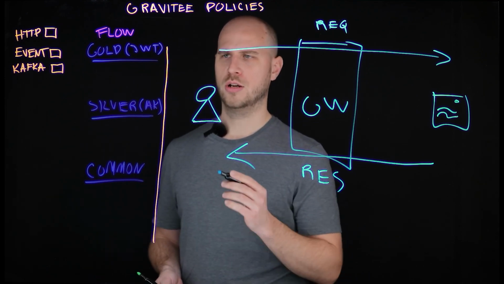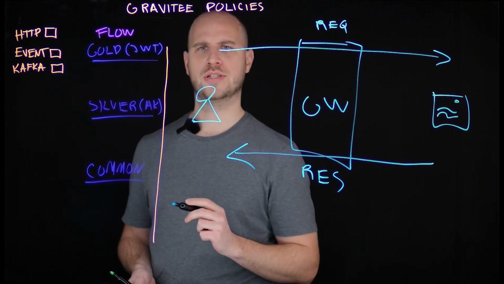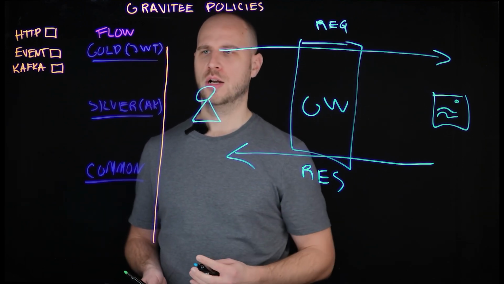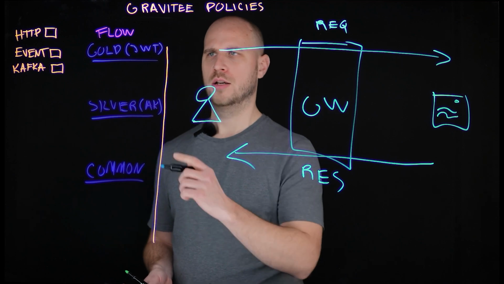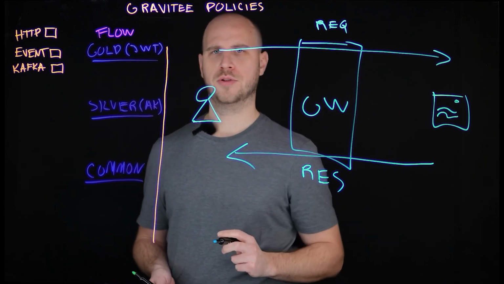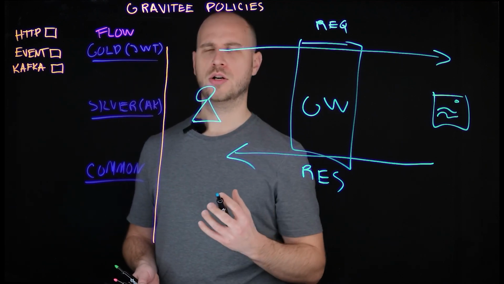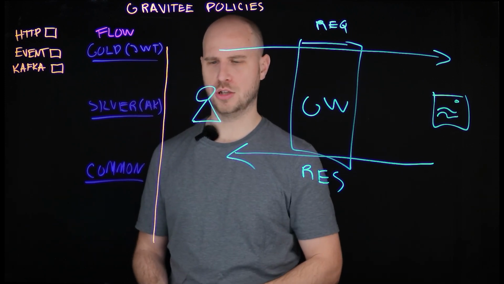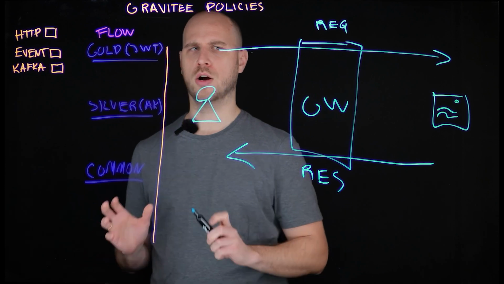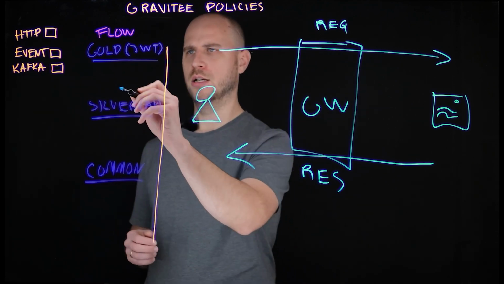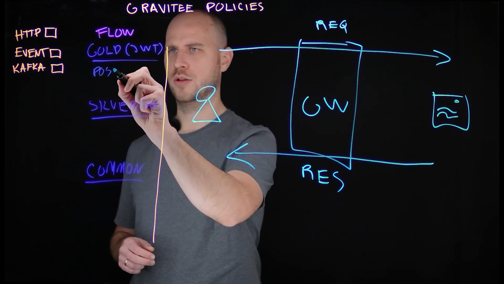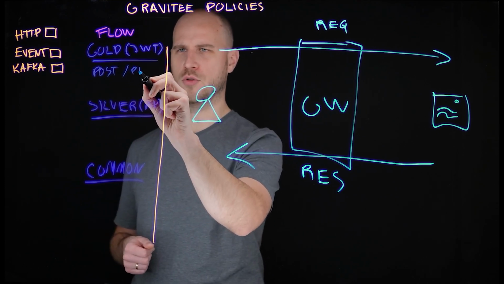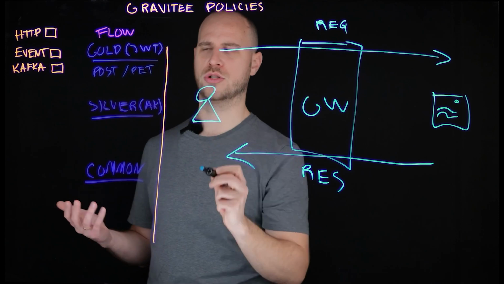So in my situation, I wanted to say that if you're using the silver plan, I'm going to be enforcing things like rate limiting, etc. So what I'll do is map down the different API contexts that you want the policies to be applied to. On top of which plan is being used, you can determine that, oh, I only want my policies to be applied if it's a POST operation, for example, and the resource in the API that is being used is /pet. So maybe we have a pet store API.